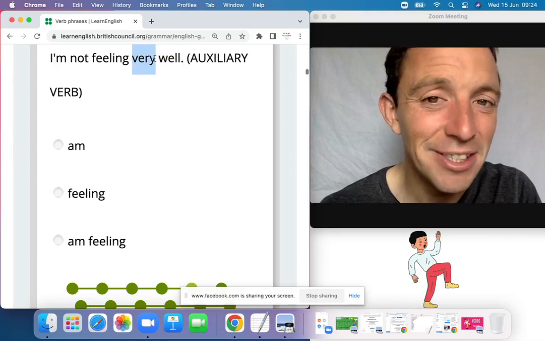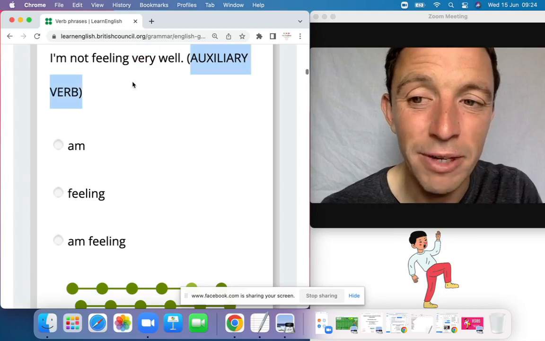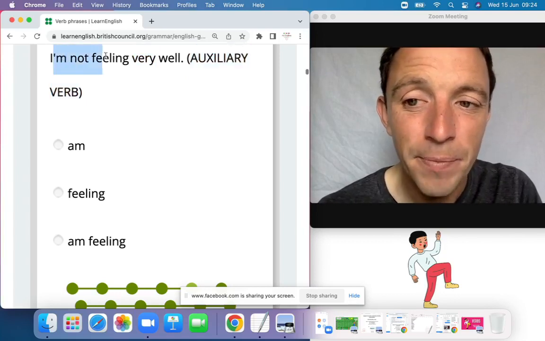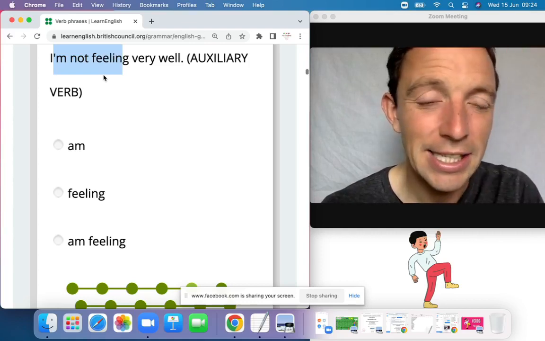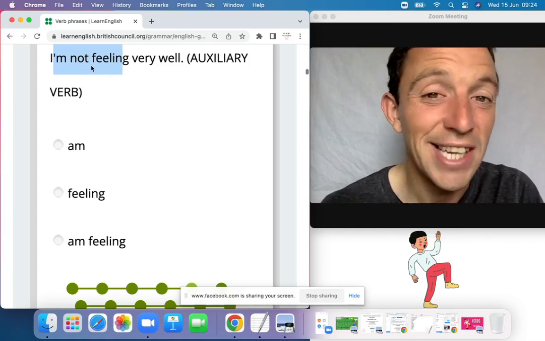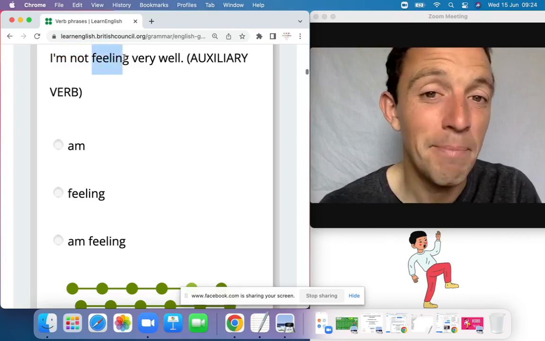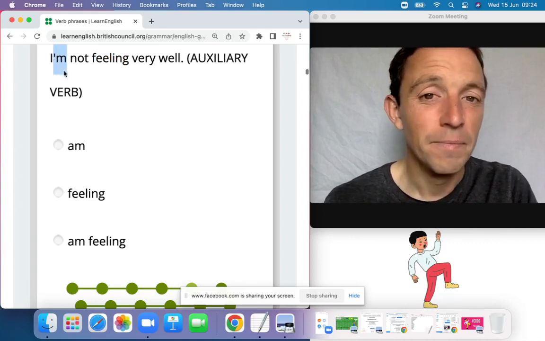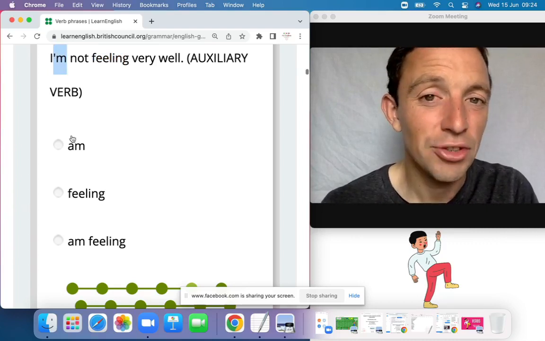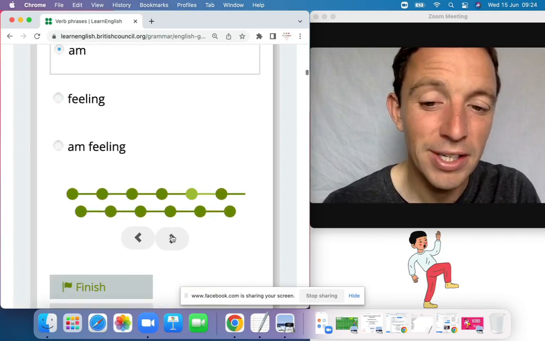Very is the intensifier for the adverb. So we are looking for the auxiliary verb. The verb to be and the verb to feel, that's the second rule, and this is considered the continuous aspect. So the verb feeling is the main verb in the ing form, and the verb to be is the auxiliary verb, so only am. Number 6.